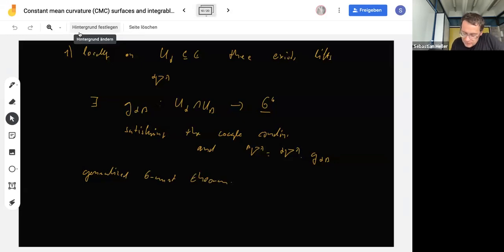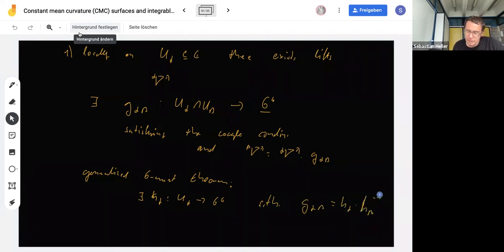So in our situation, we can just apply this generalized Grauert theorem, which says that there are maps H alpha from our set U alpha into this gauge group, such that G alpha beta is H alpha times H beta inverse.